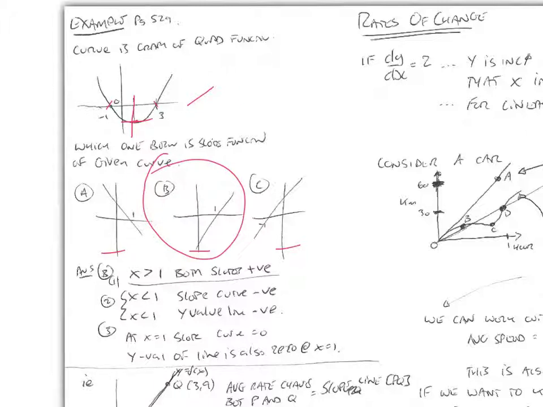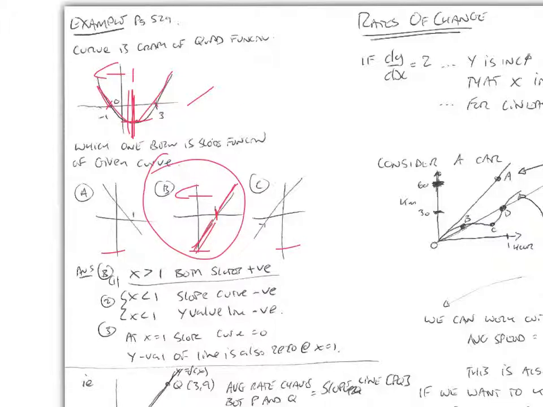Both slopes are positive for values of x greater than 1. So x is greater than 1, that's positive, and that's x is 1, that's positive as well. And the second point is for x less than 1, so that's going this way, x less than 1, the slope of the curve is negative, so it's definitely negative there, and for x less than 1, 1 is there, yes, it is negative.